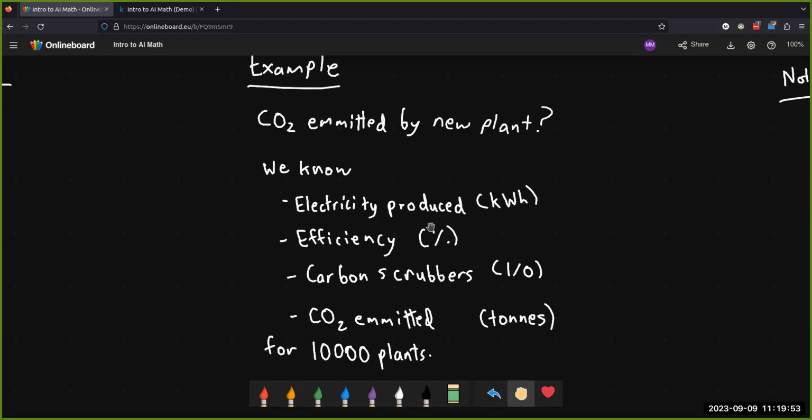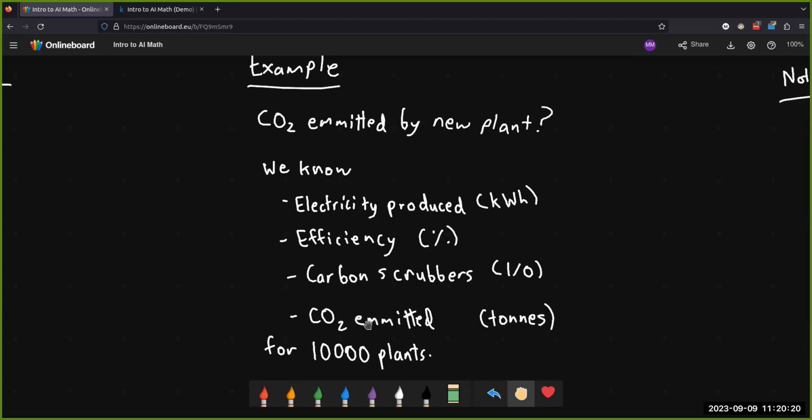We're not getting very much electricity even after all of the energy we put in. The last thing we know about these plants is whether they have carbon scrubbers installed. These are just devices that remove CO2 from the air, just preventing the CO2 from reaching the atmosphere. So making sure that there's not too much CO2 being emitted.